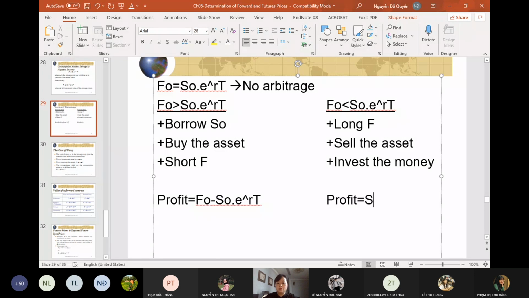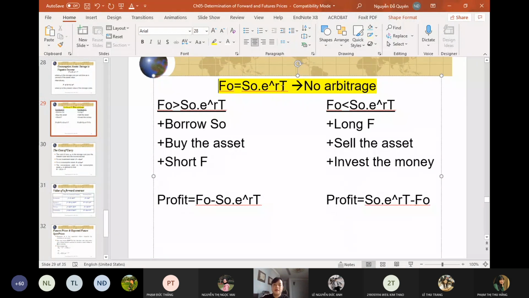There's no arbitrage opportunity then, if F0 equals S0 multiplied by e to the power of RT. But if the equal sign does not hold, then for each situation we would have the corresponding strategies based on the principle of buy low and sell high, right?